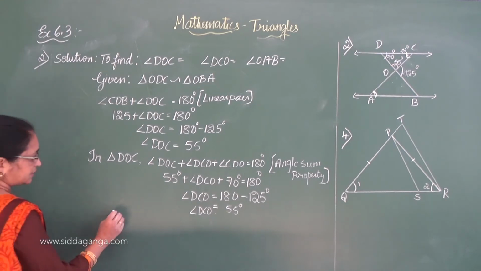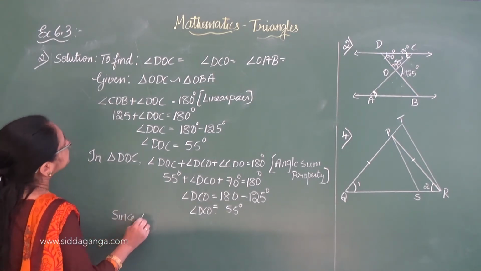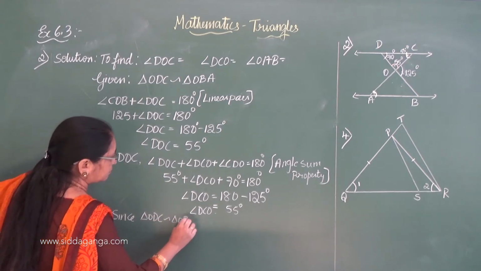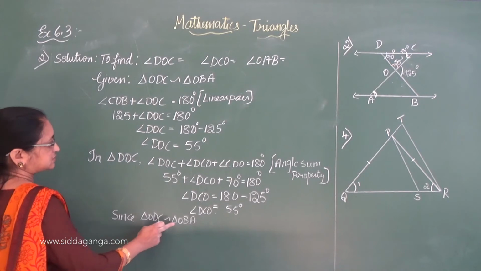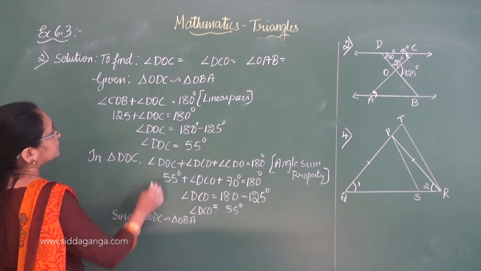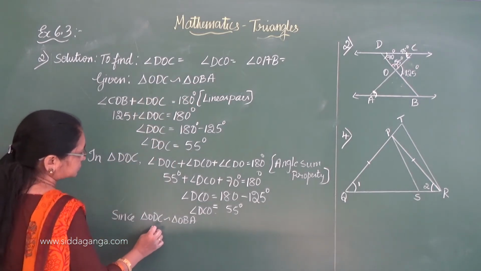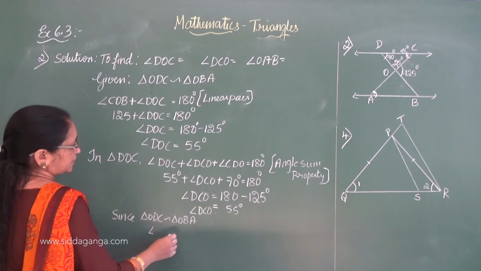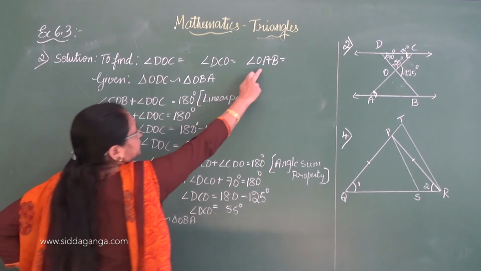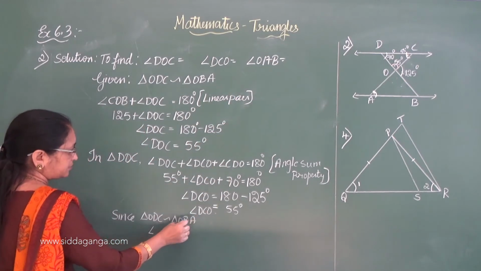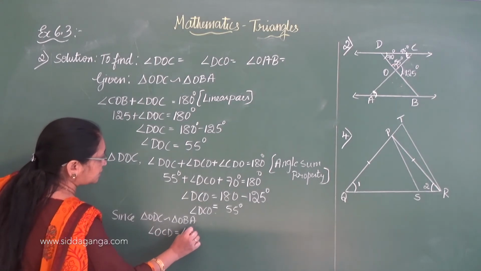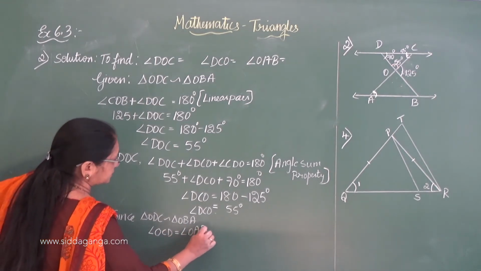Since triangle ODC is similar to triangle OBA, angle OCD is equal to angle OAB, correct?